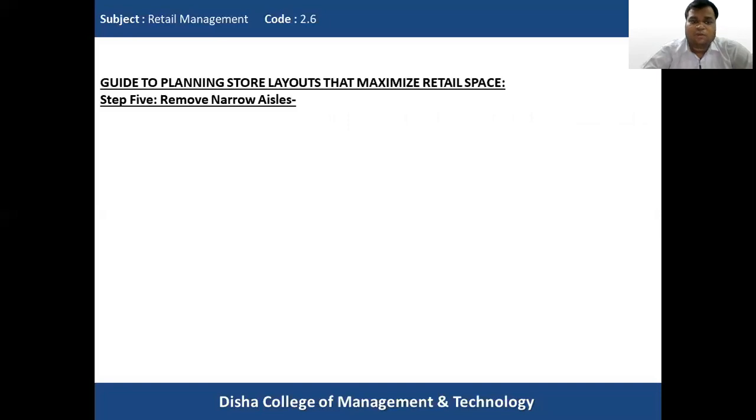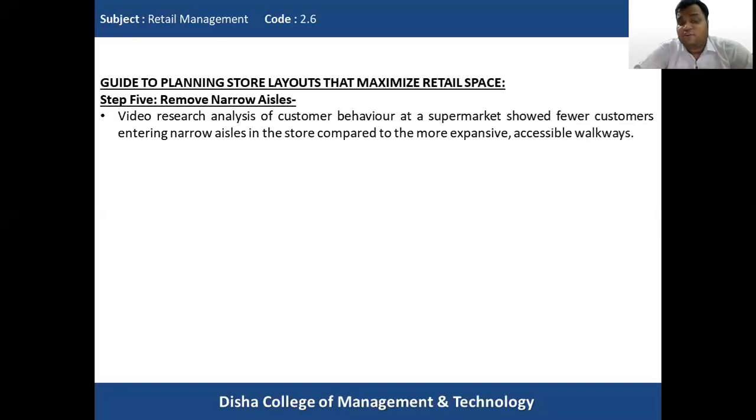Now, in this, video research analysis can be done of various customer reviews at a supermarket. There are fewer customers entering narrow aisles in the store compared to more expansive, accessible walkways. So why, in step 5, are we discussing removing these narrow aisles?